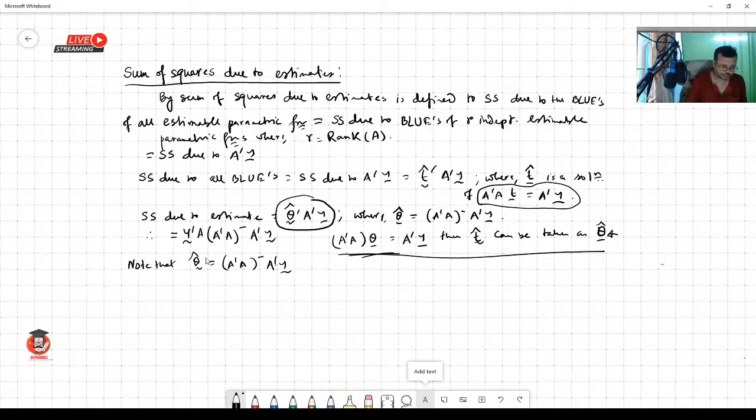So SS due to estimate is nothing but this: you just replace theta hat prime by this, and you get this.